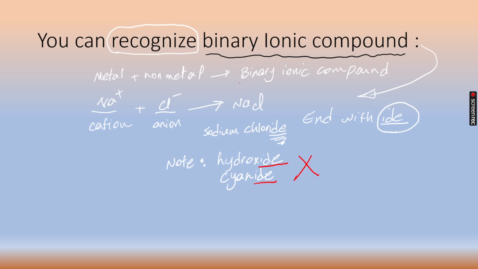This is a kind of exception. Hydroxide and cyanide are polyatomic ions, and we will talk about it in the next part. So when you hear something with IDE, they are binary ionic compounds, except hydroxide and cyanide, they do not belong to them. Please pay attention to them.